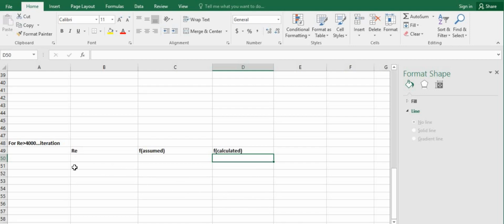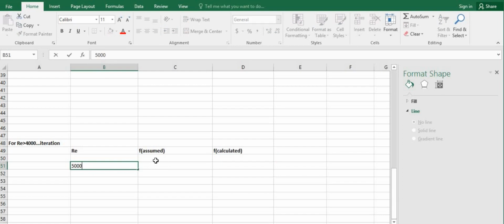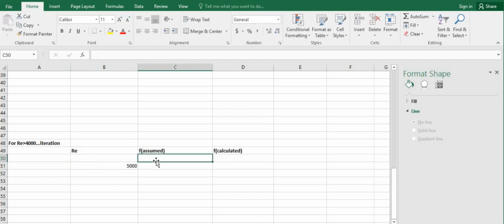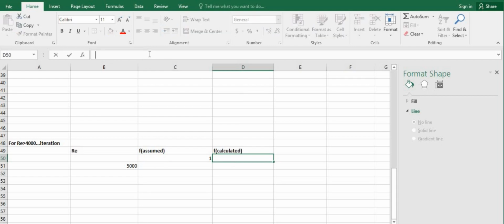So for the first one, we have RE equal to 5000. We can assume an initial value of F. We can pick a small number, for example 1, and then we input the formula. So the formula is a bit long, so it will be better if we write the formula up here. So our formula will be equal to, remember we are squaring everything after inputting the formula, so there should be a big bracket here, and then the numerator will be 1 because you have taken an inverse, then divide by all those things at the denominator.